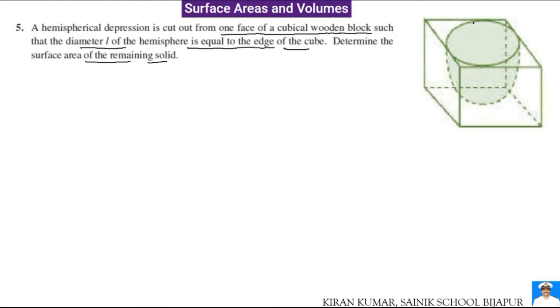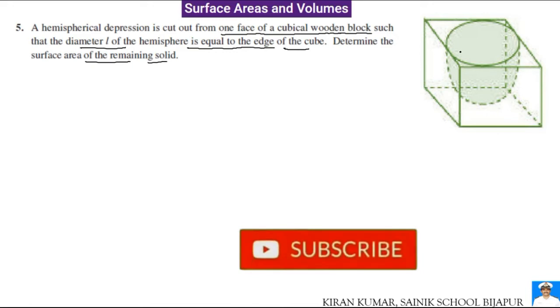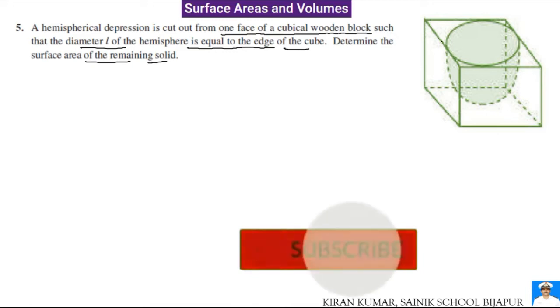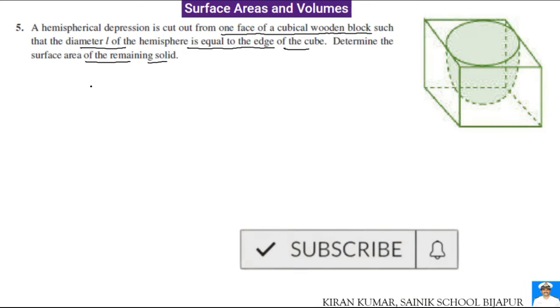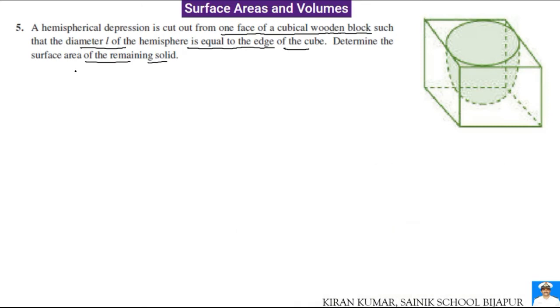You can see here, this is hemispherical depression made in the cubical wooden block. Here, as we have discussed in the previous question, the diameter of hemisphere will be equal to side of the cubical block.